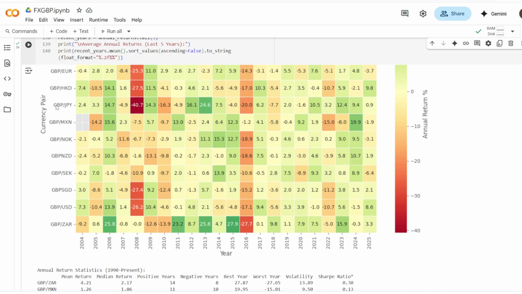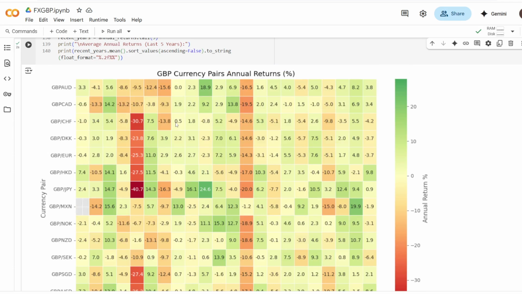And here on the row GBP/JPY, you see 2008, 2016, these big red boxes, minus 40% 2008, so the pound crashed. And so we can understand the dynamics, like when there is a stock market crash, basically the currencies that are a safe currency are the Japanese yen and the Swiss franc.